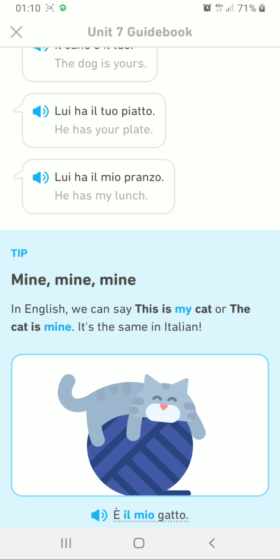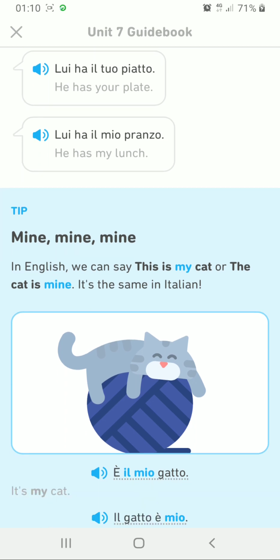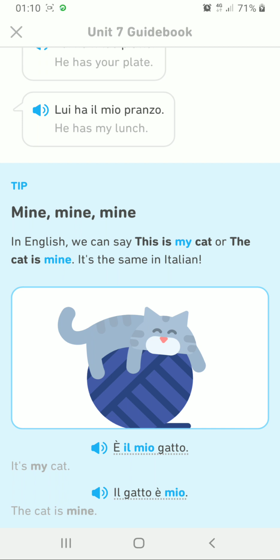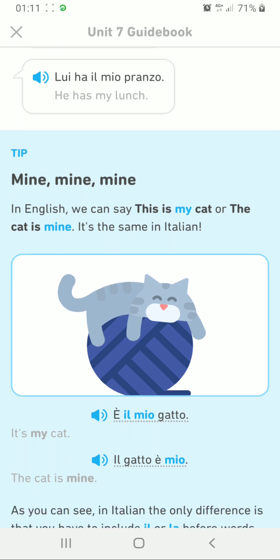In English we can say this is my cat or the cat is mine. It's the same in Italian. So è il mio gatto. It is my cat. You don't say è mio gatto.